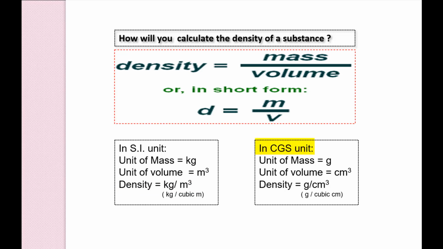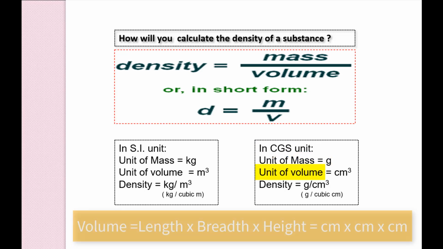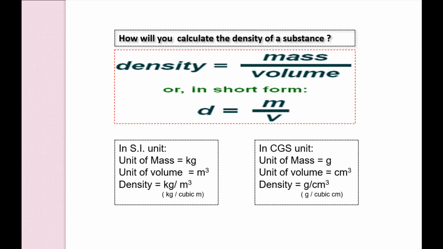Similarly, in the CGS system, the unit of mass is gram. The unit of volume, that is length into breadth into height, is equal to centimeter cube or cubic centimeter. Therefore, the unit of density should be gram per cubic centimeter or gram per centimeter cube. Remember, in some cases, the abbreviation for centimeter cube is also written as cc, both in small.